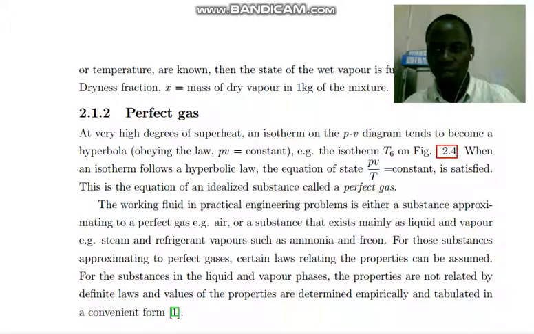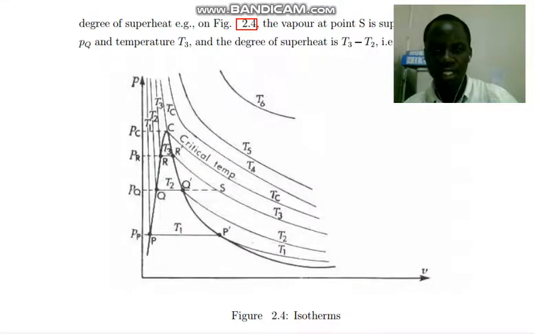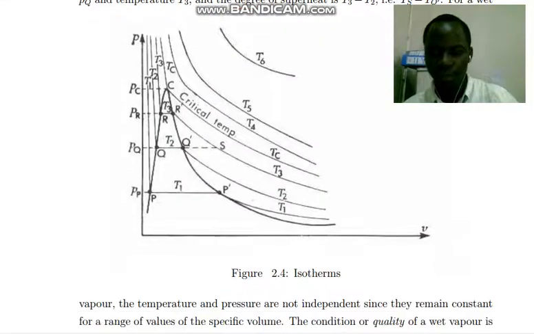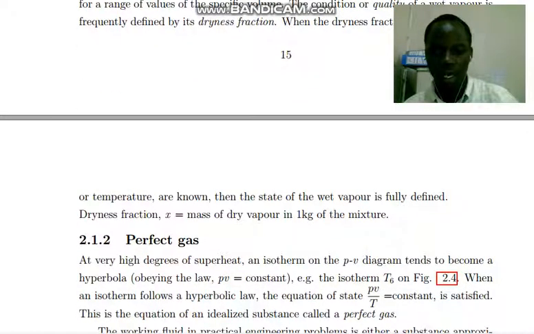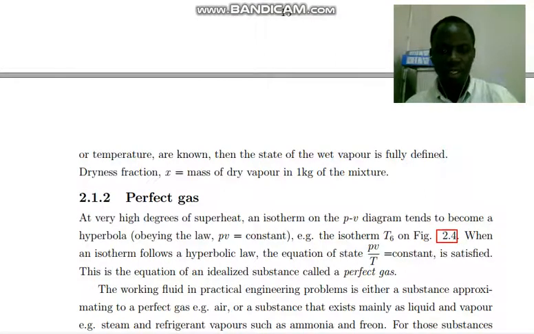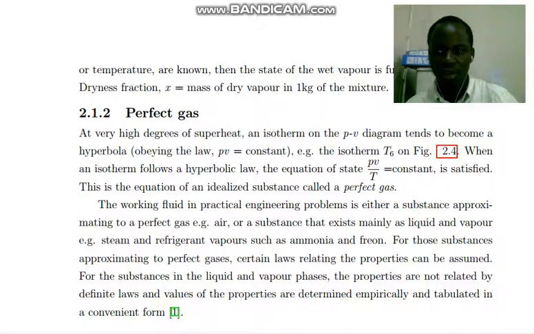So if we pick the isotherm T6 in this figure, you can see it curves perfectly like a hyperbola. So when an isotherm follows a hyperbola law, the equation of state, pressure times volume divided by temperature being constant, is satisfied. This is the equation of an idealized substance called a perfect gas.